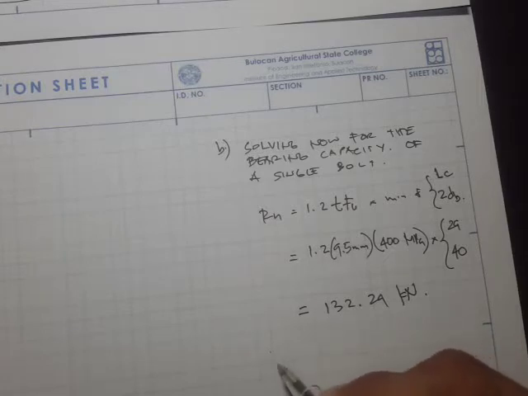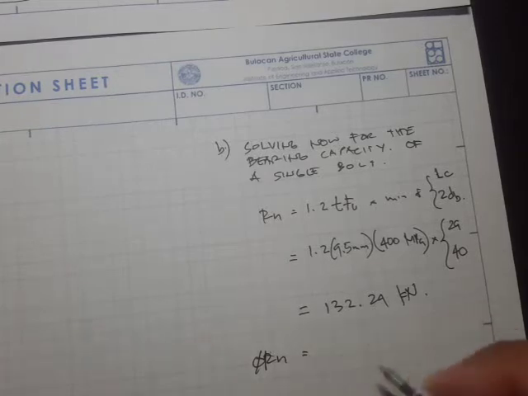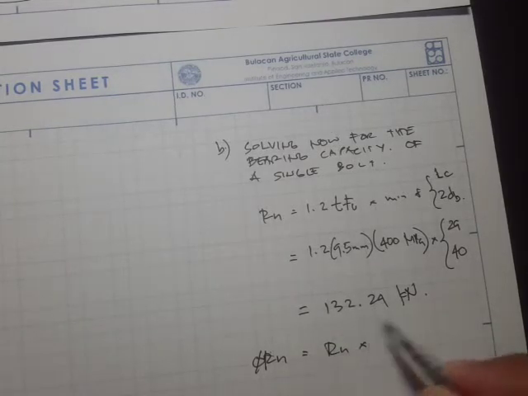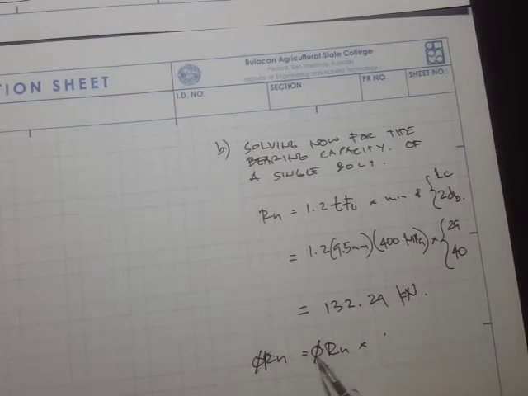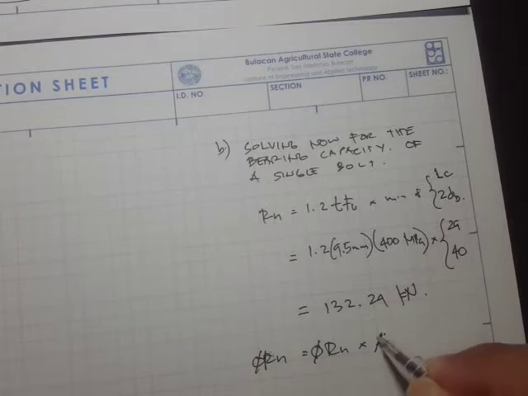4 bolts, we have ϕRn is simply Rn times the number of bolts. Of course, we have to multiply that by the reduction factor times the number of bolts, nb.